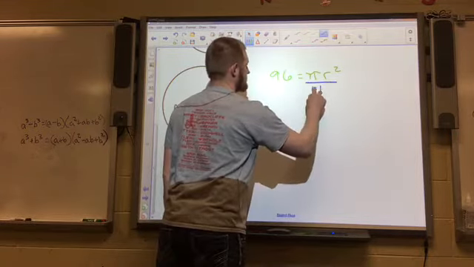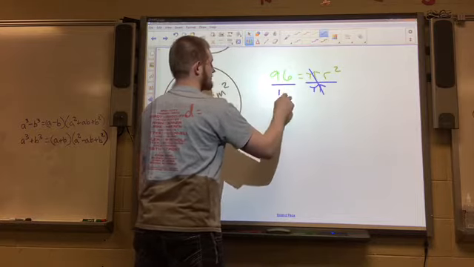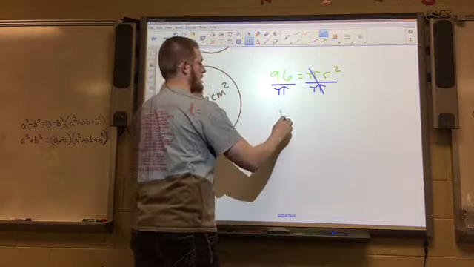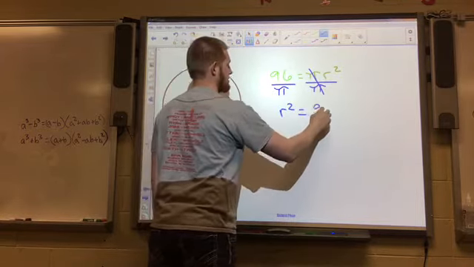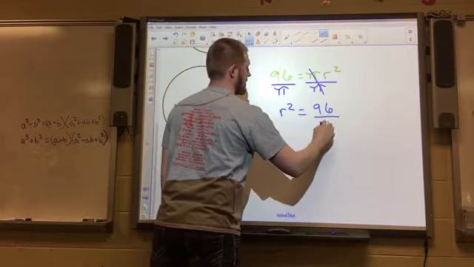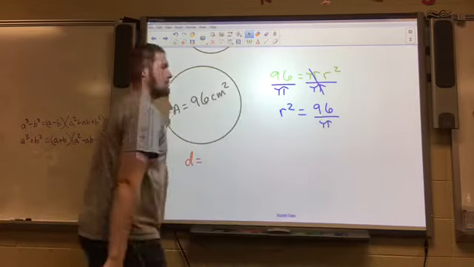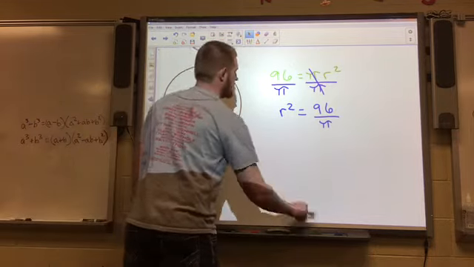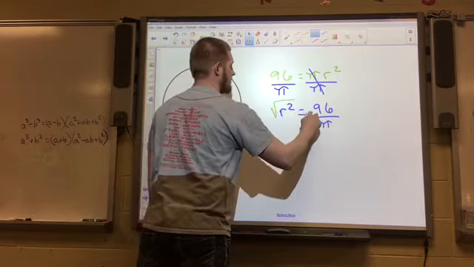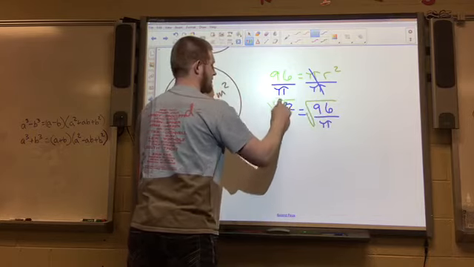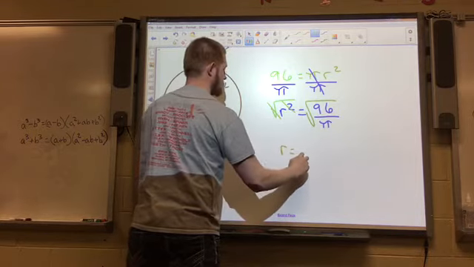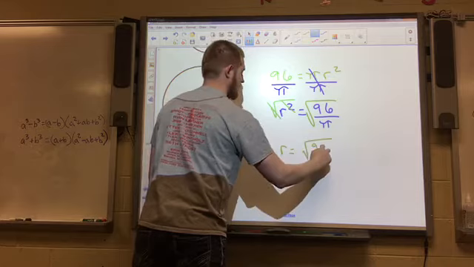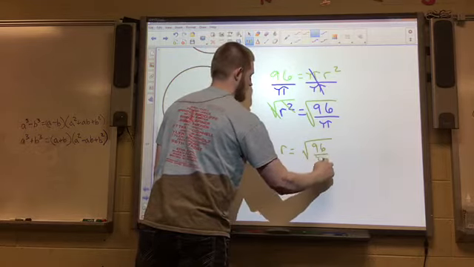So, to get r, my radius, what do I need to do? Divide by pi first. So now I have that r squared equals 96 divided by pi. And then what? Then square root. So now I have r equals the square root of 96 over pi.